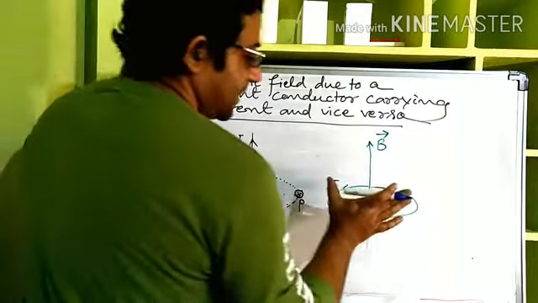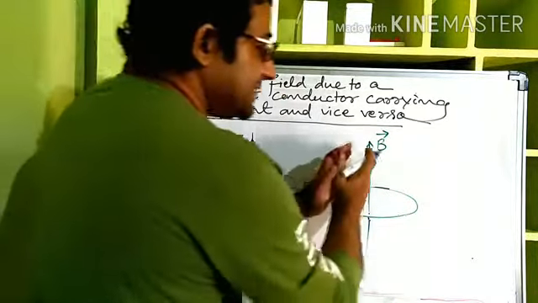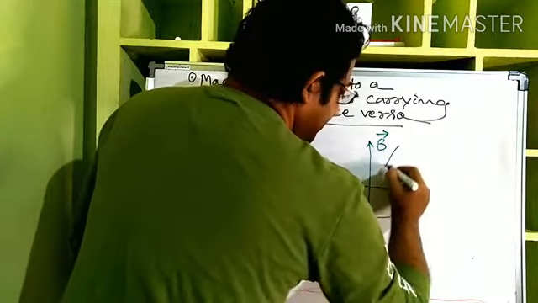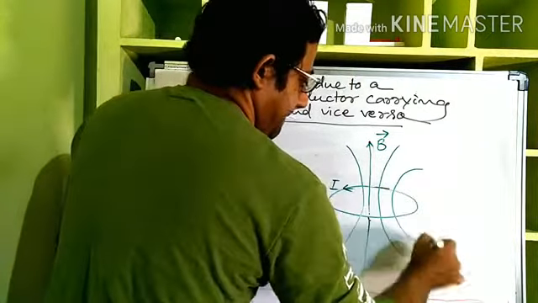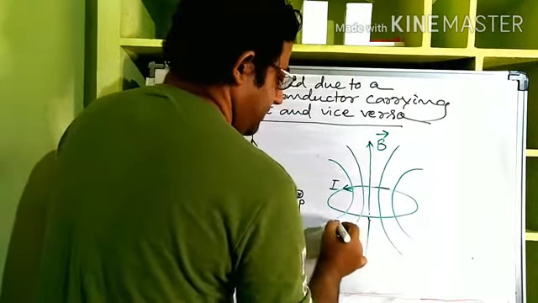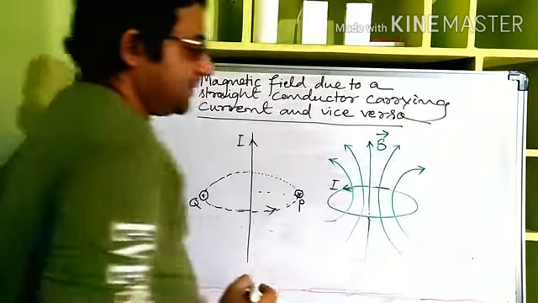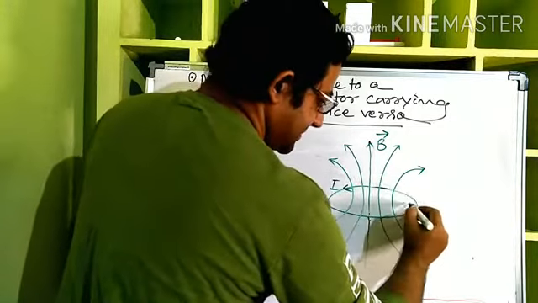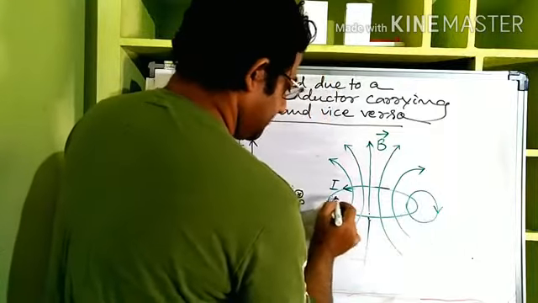Fine. Now see, this is only one line I am showing, but it is diverging in nature in fact. So how is it like? The magnetic field is like this, and if we go like this towards the end, it will be circular.